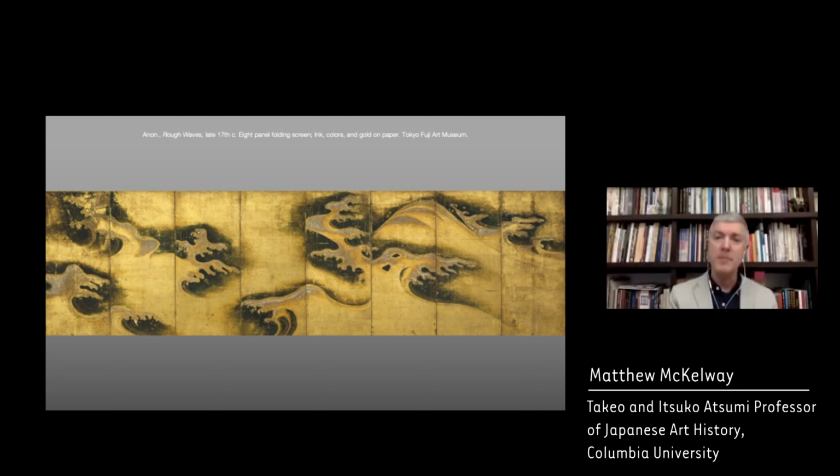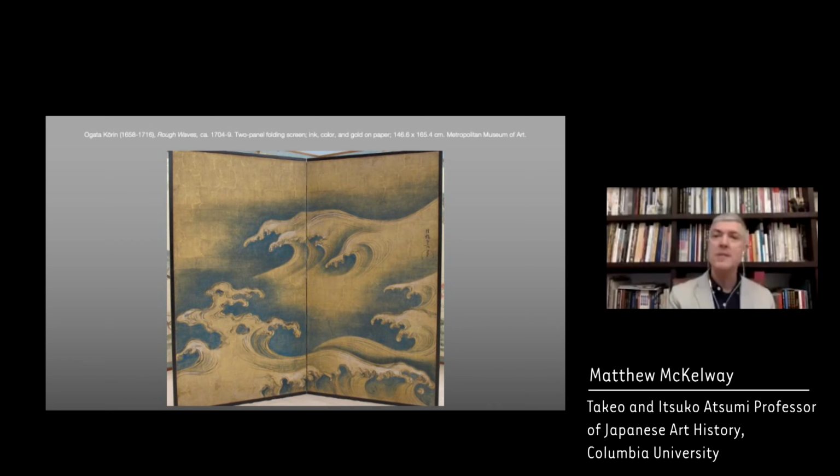A more dramatic example even than this is our next image. We're quite lucky to have this right here in New York City. It's occasionally on view. Ogata Korin, the great painter of the Genroku period, a 2-panel screen called Rough Waves, in which he also takes waves as his subject matter.